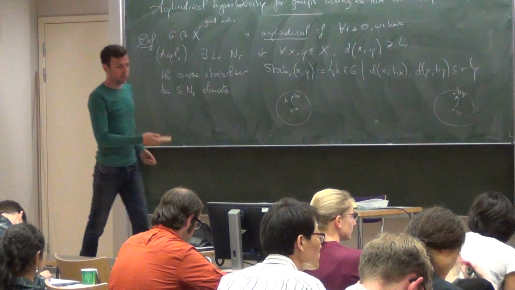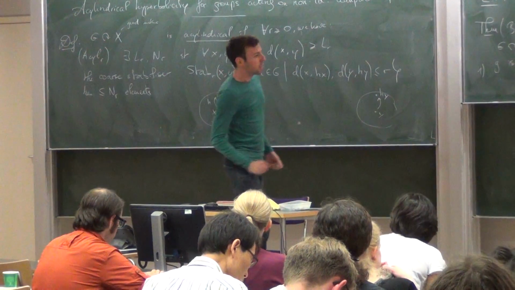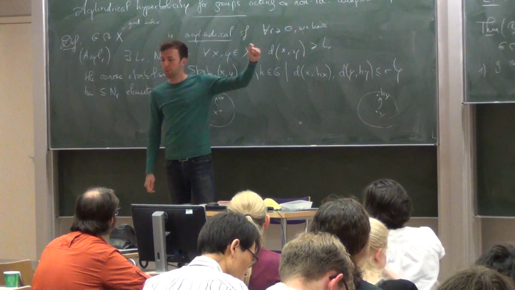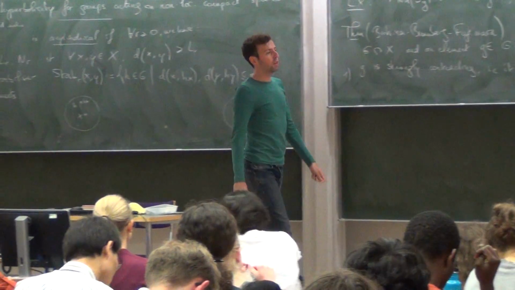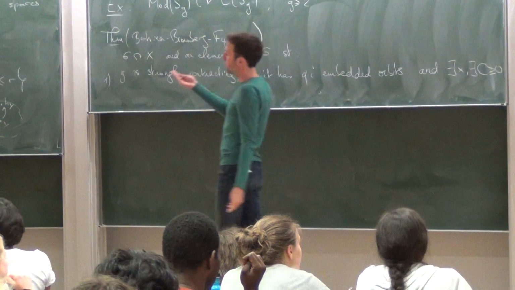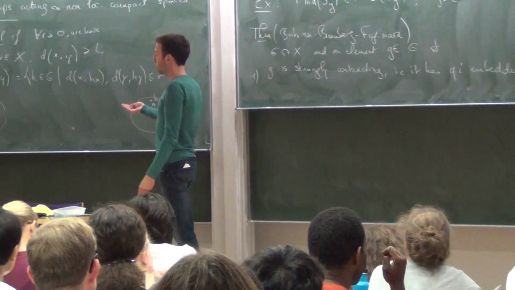But the problem is, I'm going to keep that picture for a moment, that both checking the acylindricity of an action and checking the WPD condition are extremely cumbersome if the space we're acting upon is non-locally compact.